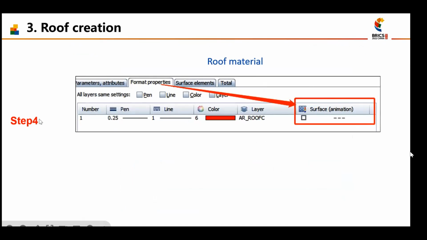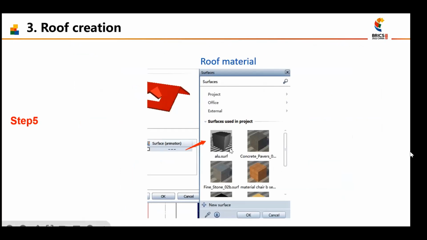Okay, the next step, roof material. If we want to modify the surface of the roof, we should choose some picture. The fifth step, there are some pictures you can choose.